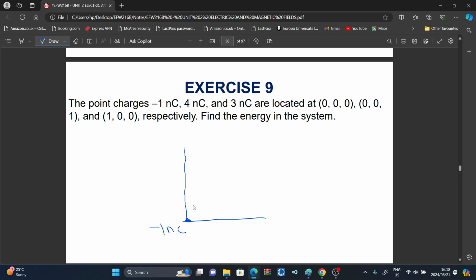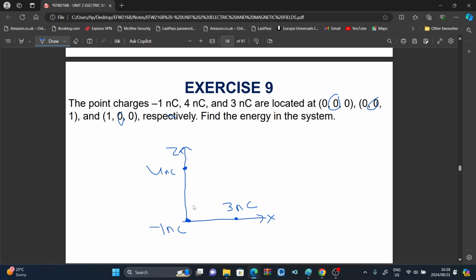Okay, so we have our z-axis. I'll call this z, and call this the x-axis. In this case, our y-axis is 0, so I didn't include that. Then on the z-axis, we have one of them there, 4 nanocoulomb. Then on the x-axis, we have our value at 3 nanocoulomb, as you can see.